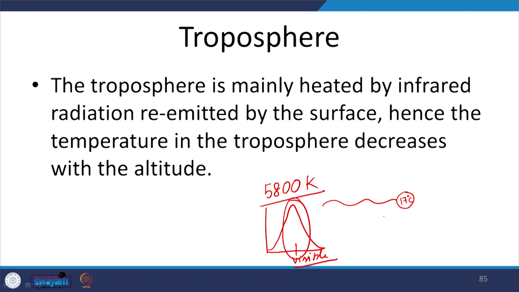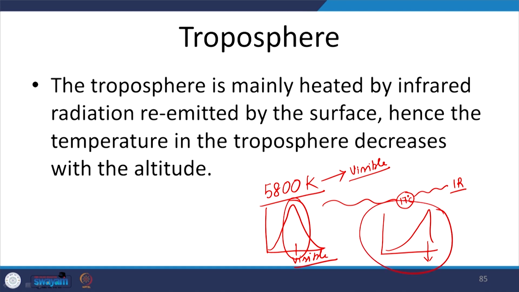Now, if you also draw a black body spectrum for 17 degrees Celsius, you will see its peak in the infrared region. That means this black body is radiating in the infrared part and the other is mainly radiating in the visible part. Okay. So, this is the basic difference. Now, the earth, by whatever the mechanism, is getting heated to this temperature.